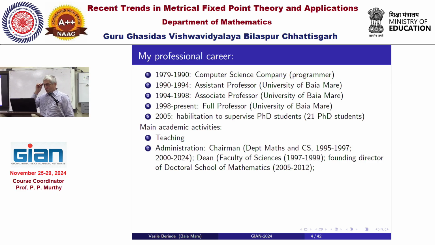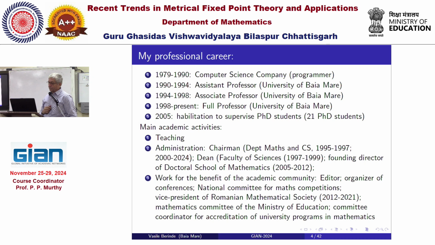I was also involved as a founding director of the Doctoral School of Mathematics in this period. In 2012, we merged with the Technical University in Cluj-Napoca, so the doctoral school became larger.